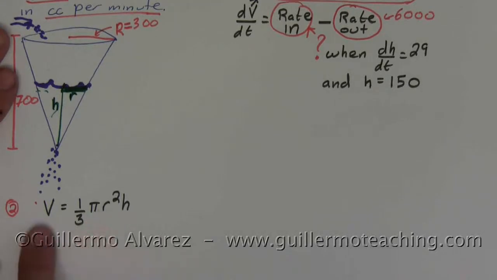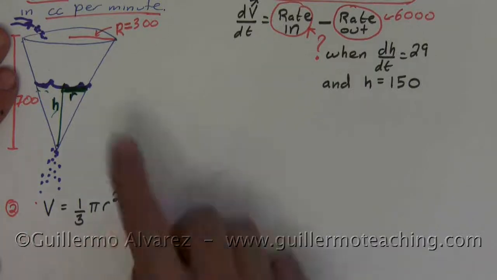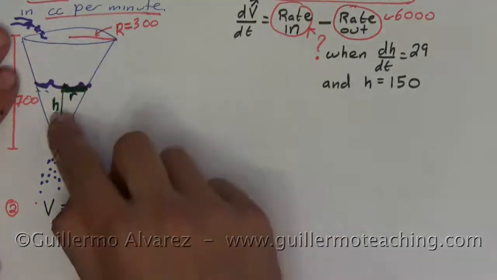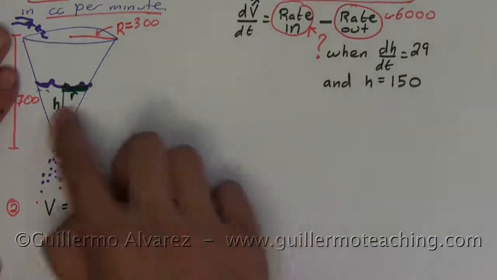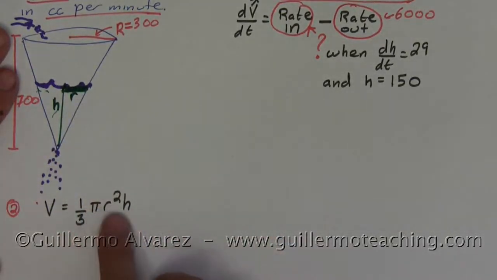Notice that we have r and h. Those are both functions of time, meaning that as time passes, both the height and the little radius inside of here are going to change. That means we have to use the product rule.